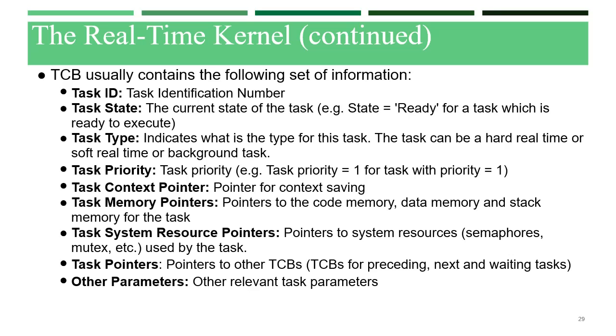Then task system resource pointers, which point to the system resources used by the task, for example semaphores and mutex. We'll come across these in later topics. Then there are task pointers, which point to other TCBs and other task parameters.